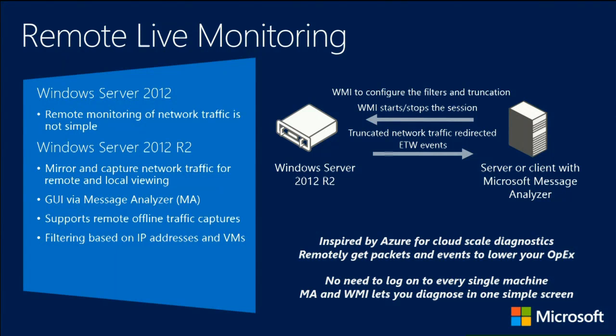Can I resolve that actual name? I have a set of steps that I do, but all these tools are disparate. They're all separate tools that you have to run and correlate. In Windows Server 2012 R2, we have aggregated these tools together into one tool that we call Test Net Connection, a PowerShell script that hopefully will help you diagnose problems a lot faster, and we'll try to demo that as well.